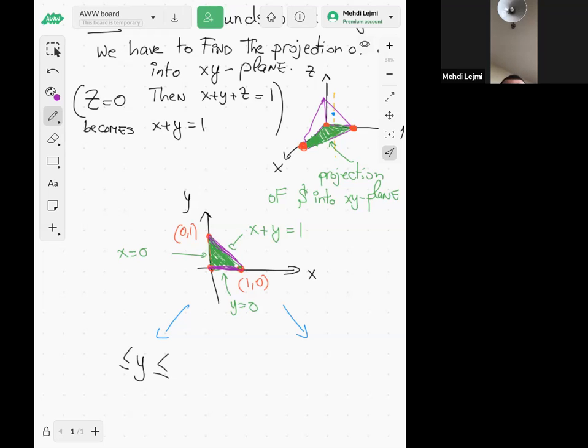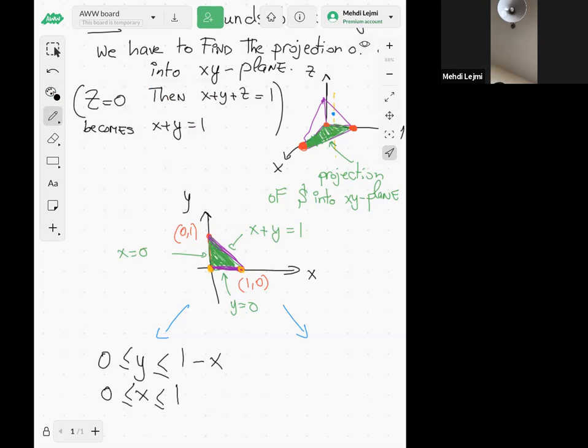So your y is between 0 and 1 minus x. And then, of course, your x coordinate would be between 0 and 1.